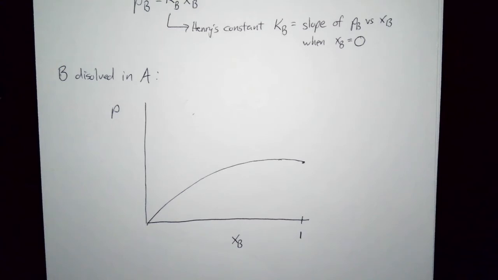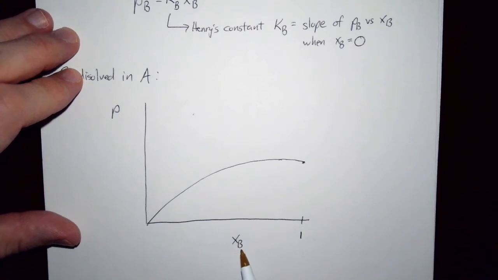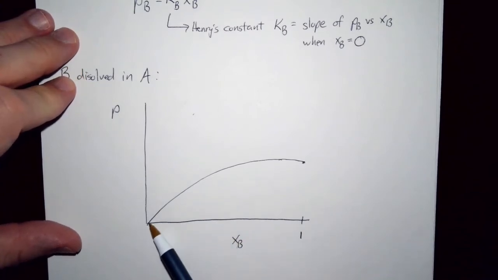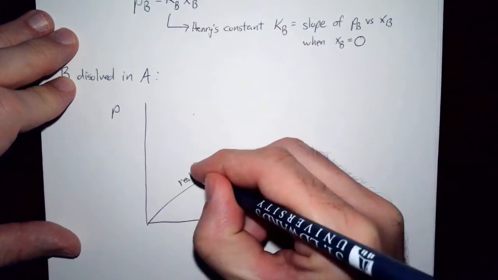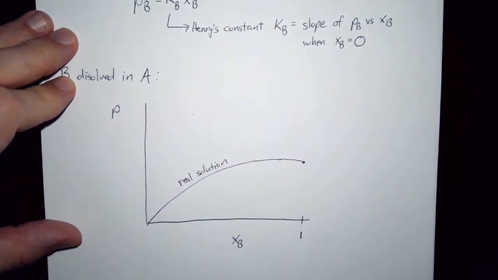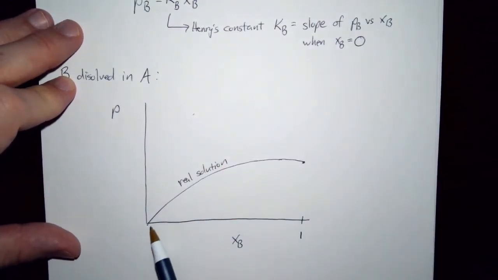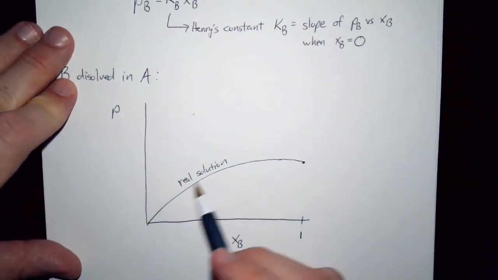Okay, so here's a sample plot of P versus X for a real solution. Let me label this one real solution. Now, Raoult's law, we just talked about, is basically assuming that this has a straight line behavior.